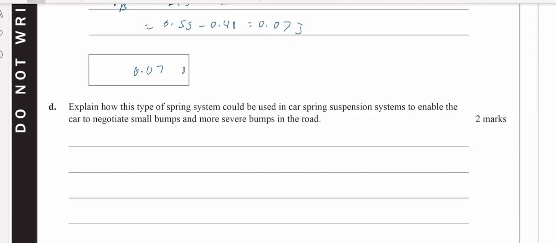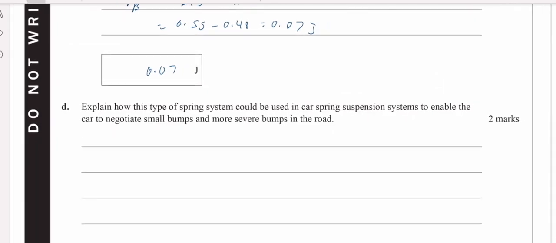Explain how this type of spring system could be used in a car suspension system to enable it to negotiate small bumps and more severe bumps on the road. Single spring A could provide suspension for small bumps.